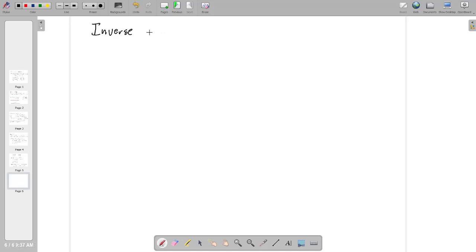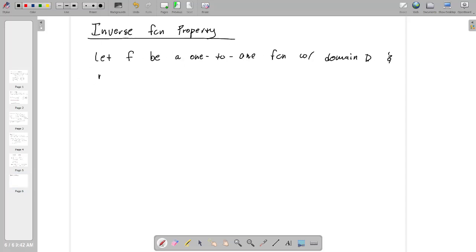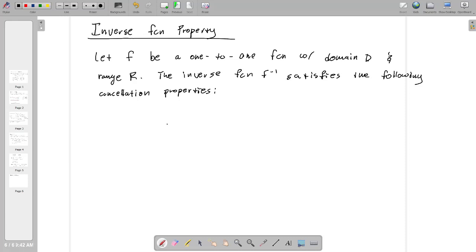Next thing I'm going to talk about is the inverse function property. Let f be a one-to-one function with domain D and range R. The inverse, f inverse, satisfies the following cancellation properties.